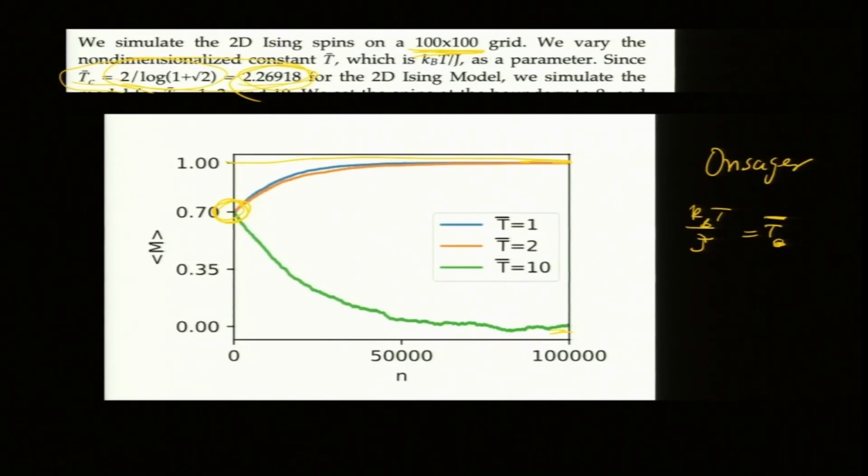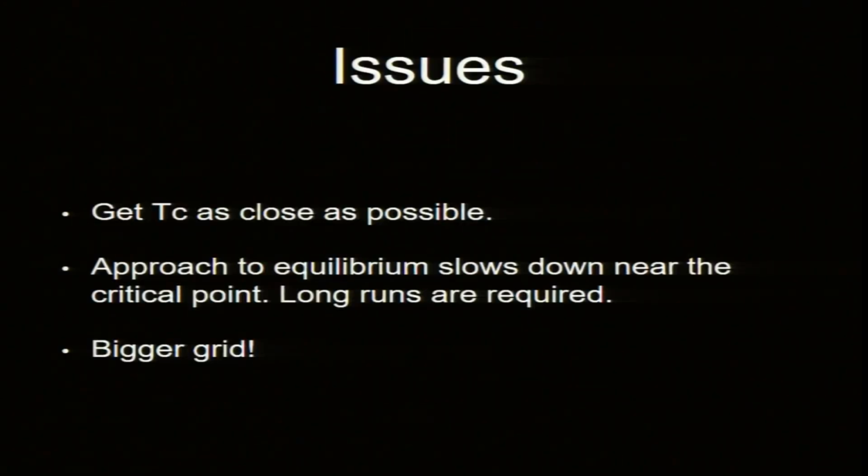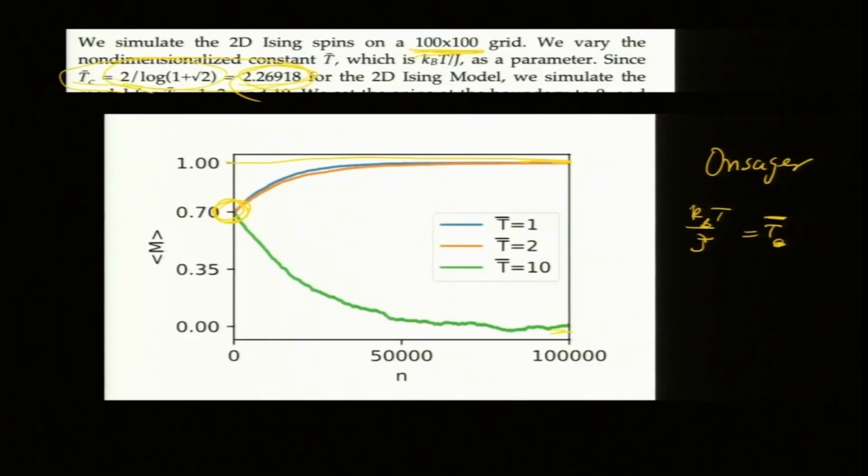But there are issues. When your temperature is close to the critical temperature, it is called critical slowing down. Its approach to equilibrium is very, very slow. So if you choose something like 2.1 or 2.2, it should go to an ordered state, but it will go there very slowly.